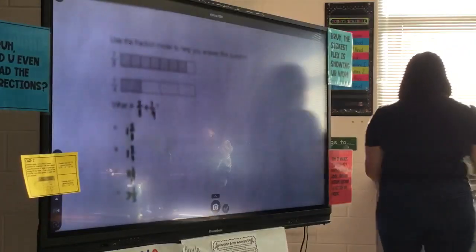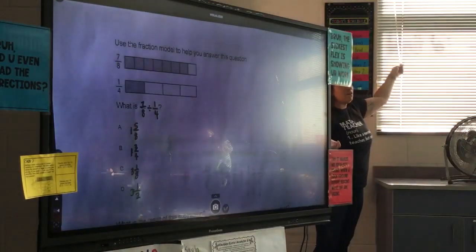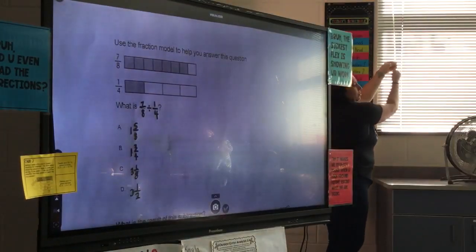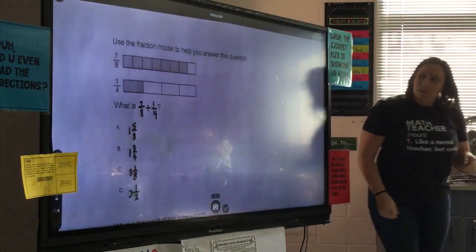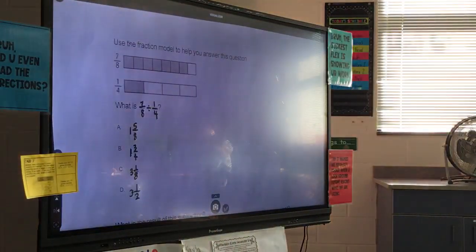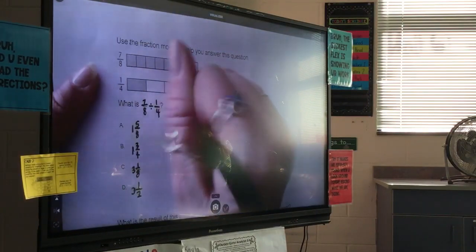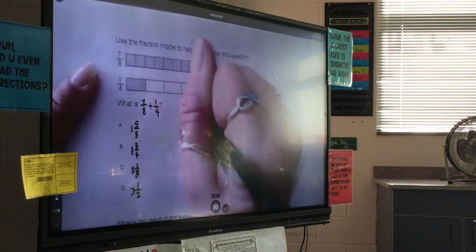So do you actually have to use the fraction model? No. For one, it gives you the division problem right there on the page, right? Yeah. All right, so it's just simply asking you to divide. So at this point, if you haven't done so, please divide 7/8 divided by 1/4. Stand up when you have your answer.